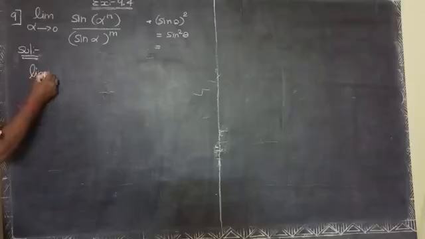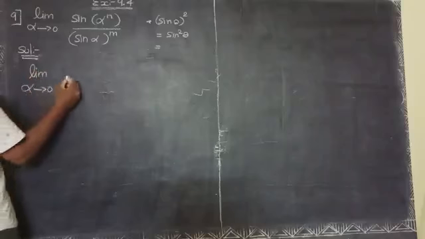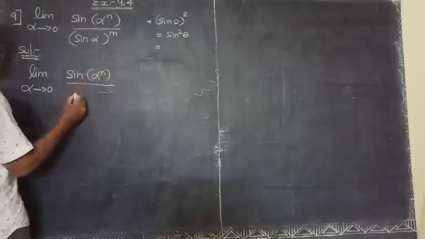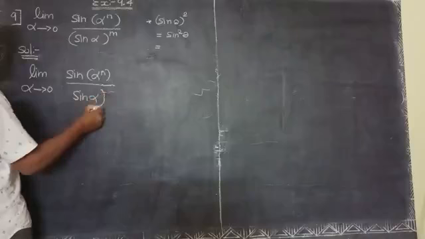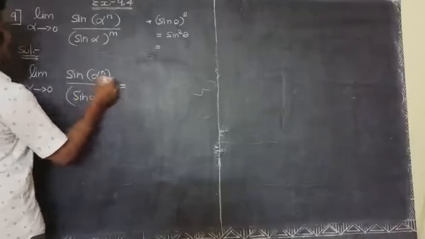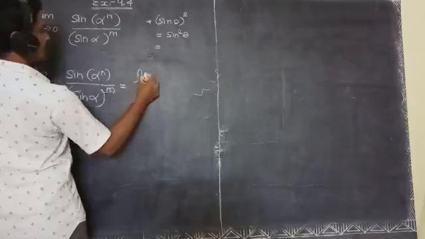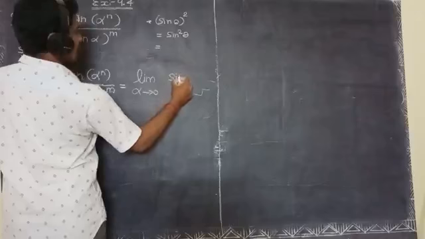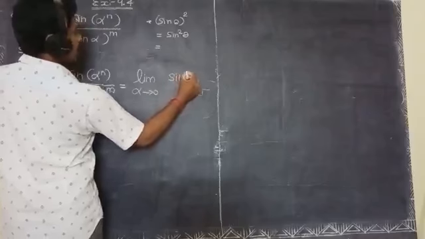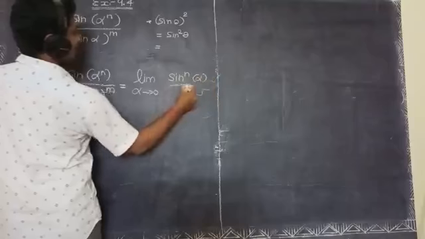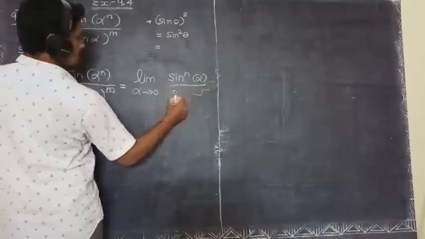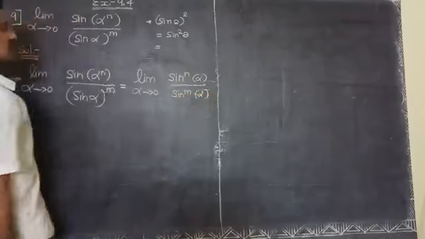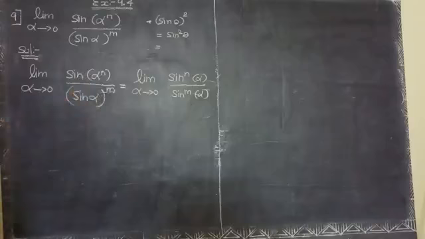Solution: given limit alpha approaches 0 of sine of alpha power n divided by sine of alpha the whole power m, which can be written as limit alpha approaches 0 of sine power n of alpha divided by sine power m of alpha.